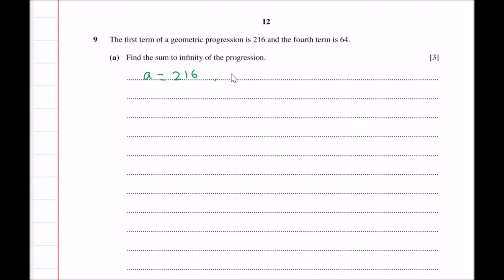Fourth term T4 is given by ar cubed, right? So ar cubed, and that is equal to 64. This implies that 216 into r cubed is equal to 64.